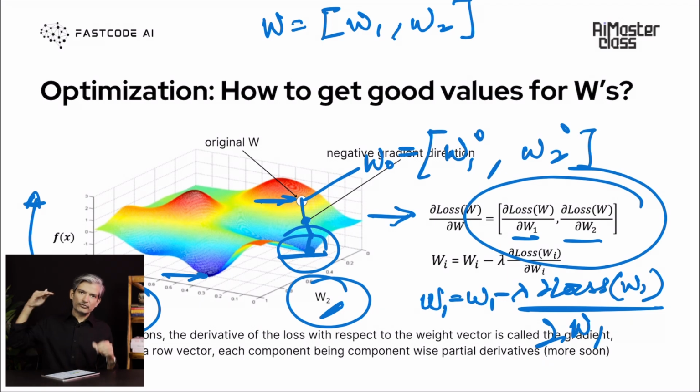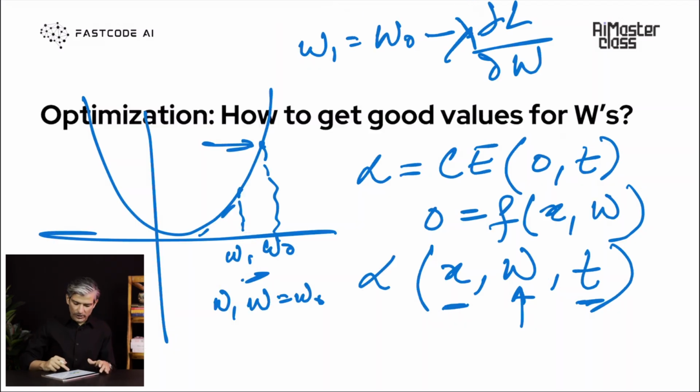Then we find a plane, or in this case a tangent, and we take a step in the negative direction of the tangent, and that's it. We just do this in a loop, and eventually we get to the nice minima we are looking for, and that is how we have optimized our loss function, and those are our final values of the weights.